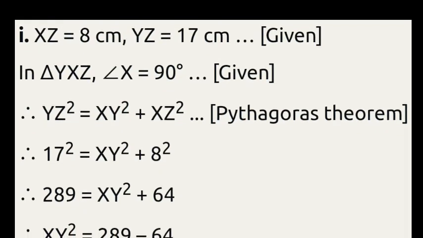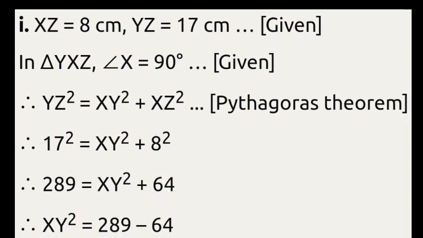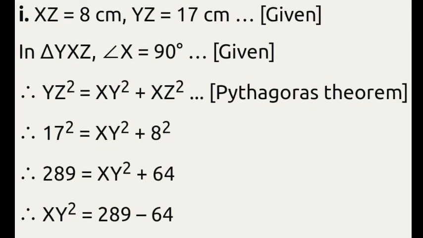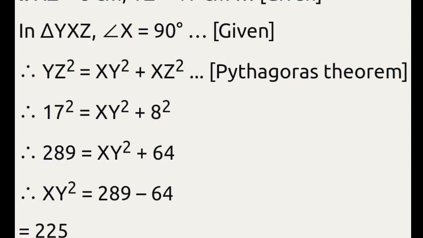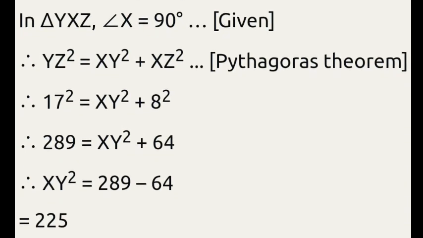So friends, in triangle YXZ, angle x is equal to 90 degree. So friends, first of all, using Pythagoras theorem, you have to find the value of xy.